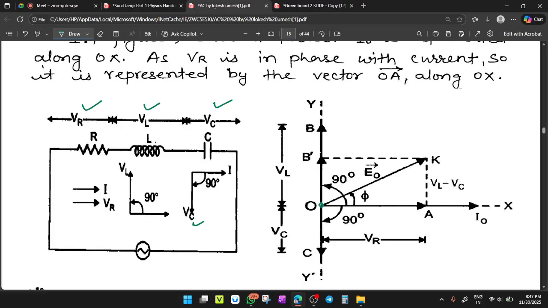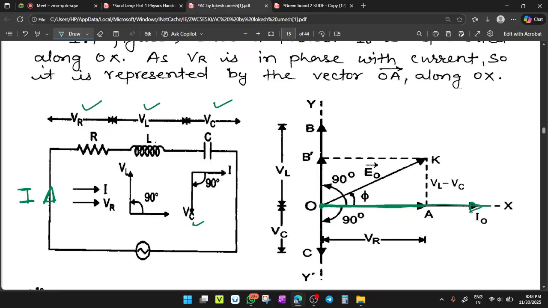So first take the initial point O. First you take the amount of current here. This is current, say I. As the current is flowing, an equal amount of current flows through the circuit and each element. So take the current phasor first.